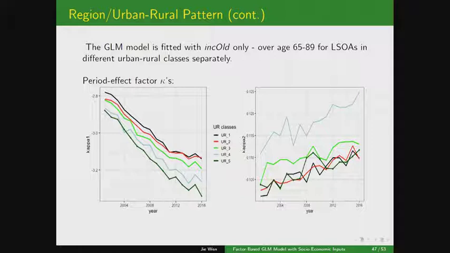So kappa 1, kappa 2. From kappa 1, of course, there's a mortality improvement over time for all of the urban-rural classes, but there is a very clear ranking from high to low mortality across different classes. If we ignore London first, the more urbanized areas tend to have a higher level of kappa, and London has the lowest kappa.